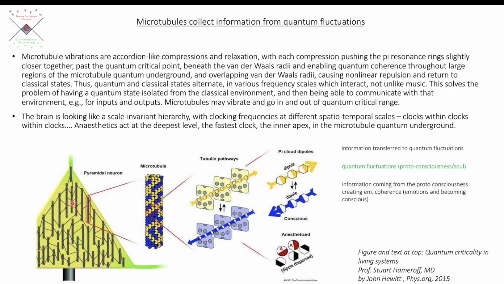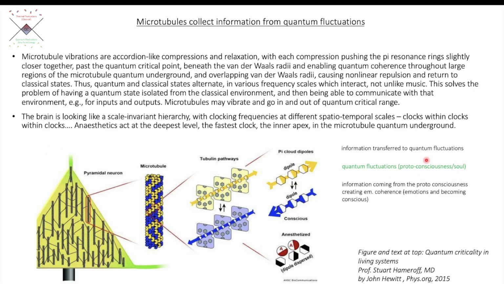So what I see here is that when a pulse is fired, the pulse is then transferred to the domain of quantum fluctuations via the quantum critical nature of the microtubules, and then our proto-consciousness, as Stuart Hameroff calls it, from my view, that's the soul. And as far as I understood Stuart Hameroff, with proto-consciousness he means something like a soul. I hope I got it right. Anyway, to me it makes sense.